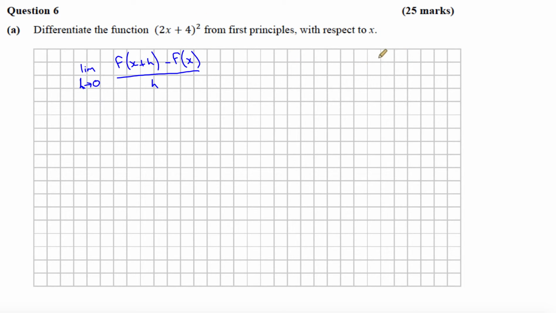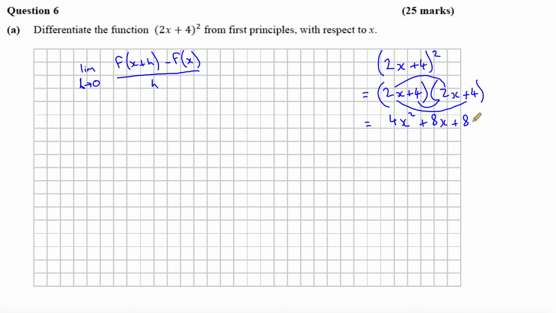Now before we start, I'm going to expand this function, (2x + 4) squared. So (2x + 4) squared is (2x + 4) by itself, and that's equal to 4x squared plus 8x plus another 8x, and then 4 by 4 is 16.